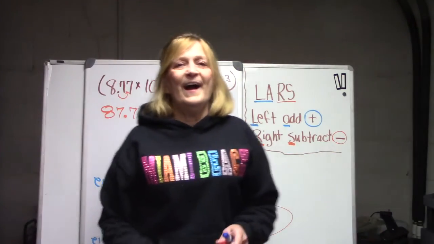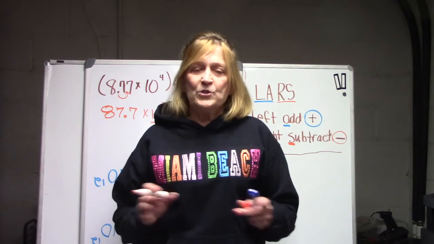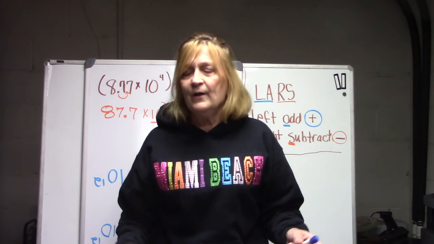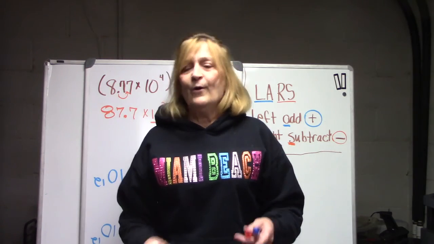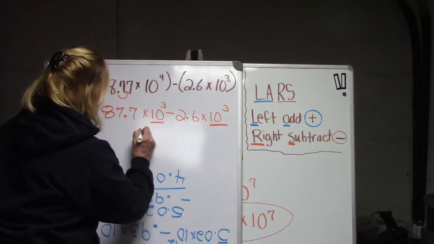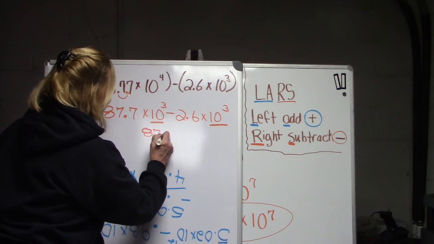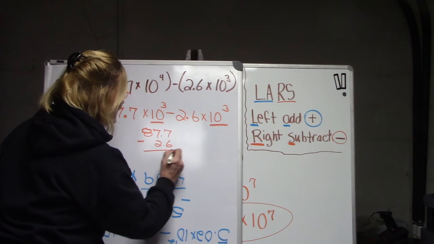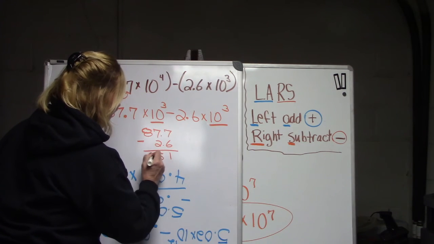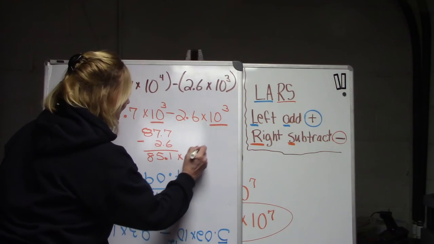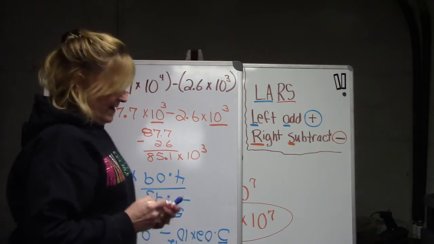On the homework, I may tell you which way to move your exponent or which power we're going to, so that when you do your Google Forms, we're all coming up with the same answer. All right? So I have 87.7 minus 2.6. That gives me 85.1 times 10 to the 3rd power.